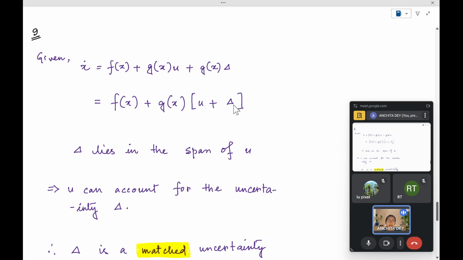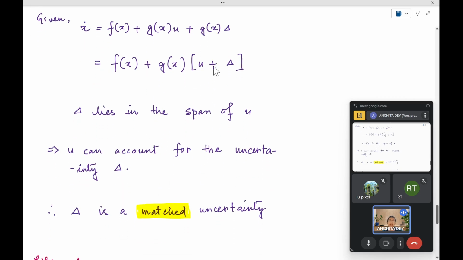And this delta, if it lies in the span of u, then you can account for the uncertainty delta. How? You can simply write that, well, let u be equal to minus of delta, right? But since you do not know delta, you will say let u be equal to minus of delta hat, and then you will design an estimation law for delta hat. Okay, so you can account for the uncertainty delta.